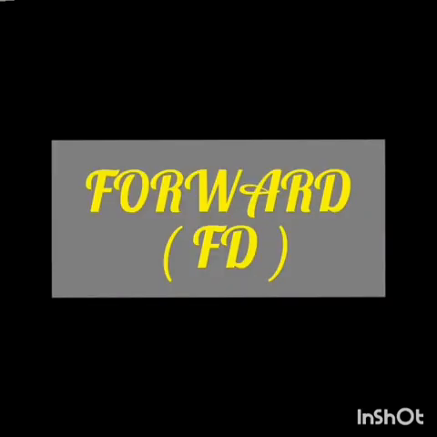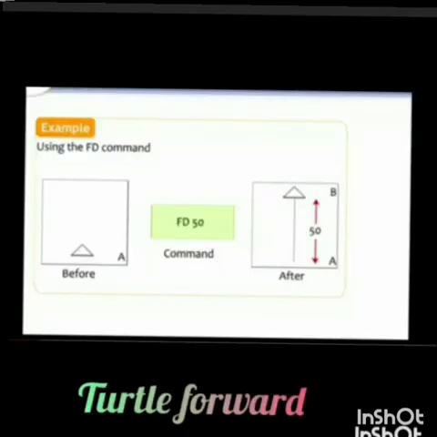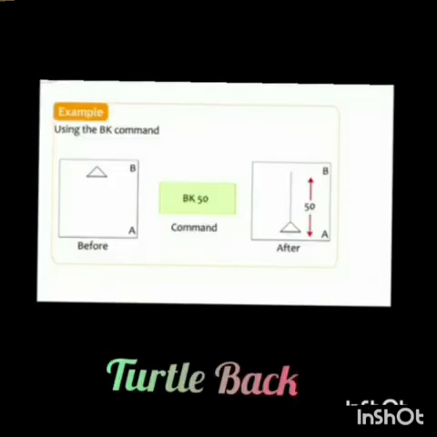First command, forward. Its short form is FD. It is used for moving the turtle forward according to the number indicated. Second command, back. Its short form is BK. It is used for moving the turtle back according to the number indicated.